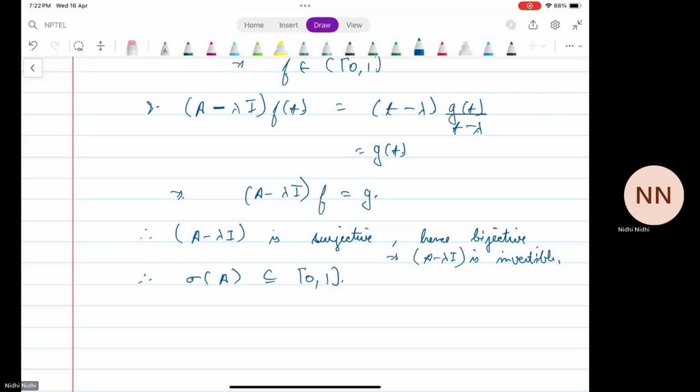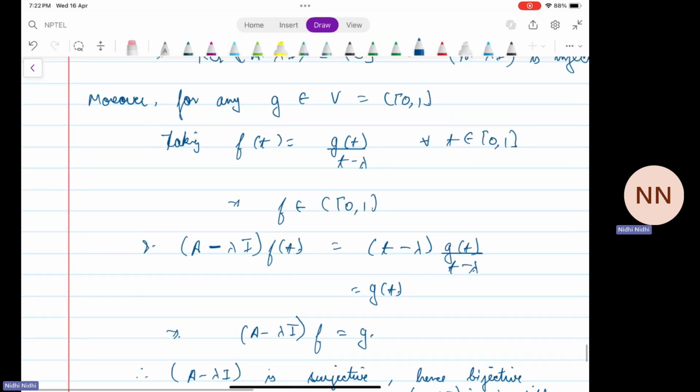Now, for any lambda belonging to closed interval 0 to 1, this A minus lambda I cannot be onto. It cannot be invertible. So proceeding as above.